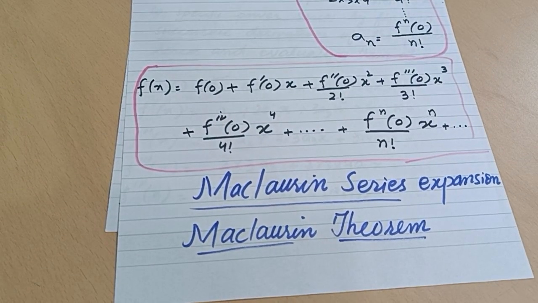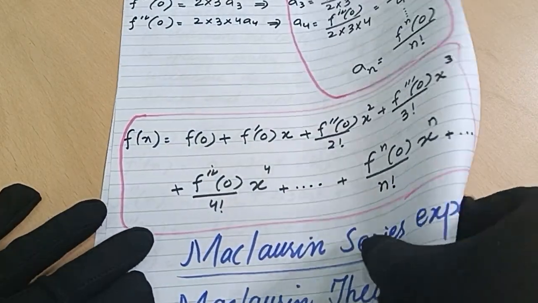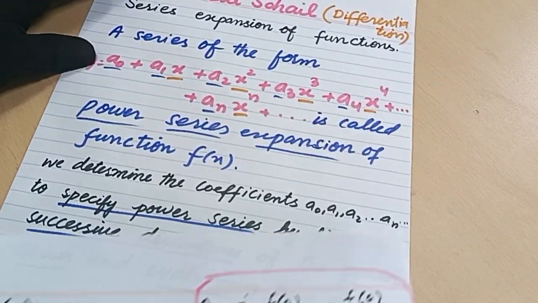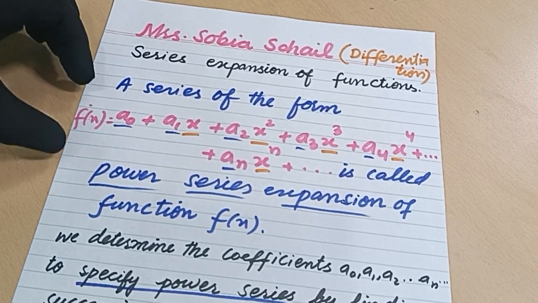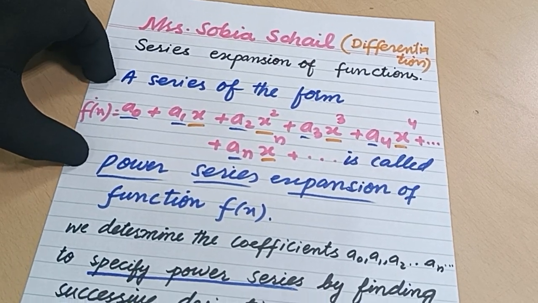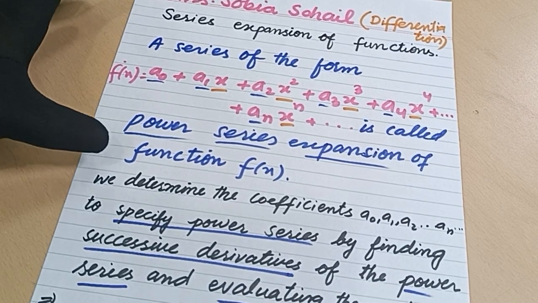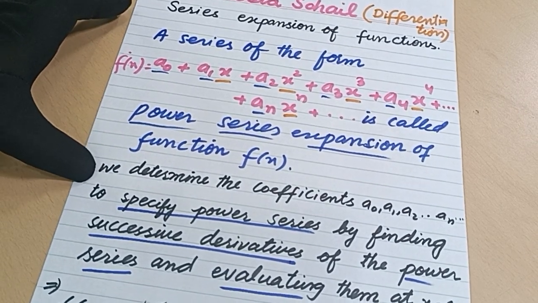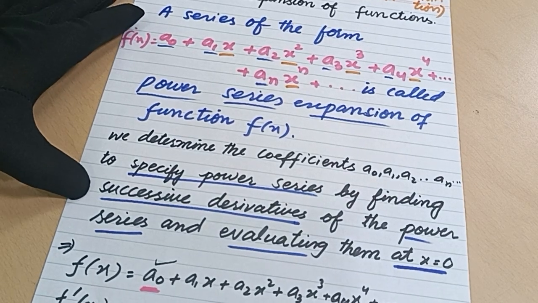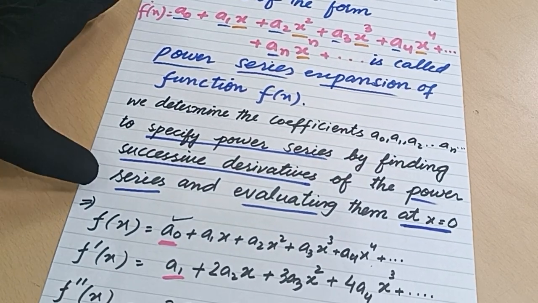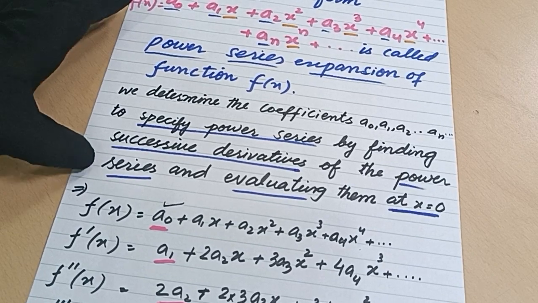Okay, hopefully you understand this theorem. Let me revise it once again. What I have done is I have taken a series expansion of the function. The series can be of this form, and that is called the power series expansion of the function f of x. If we want to find the coefficients, we will specify the power series by finding the successive derivatives of the power series. So we will evaluate all the derivatives at x equal to 0.